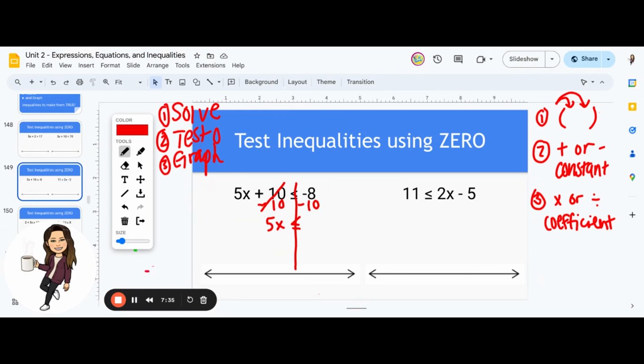Negative 8 minus 10 is negative 18. This looks like one you're going to want to get a calculator for, so it's not going to go in evenly. When I divide by 5, you're going to get x is less than or equal to negative 18 divided by 5, which is negative 3.6.